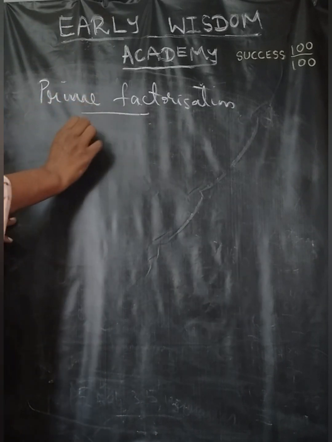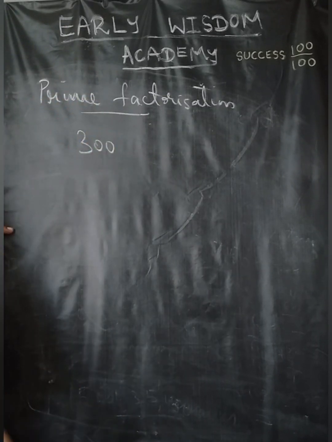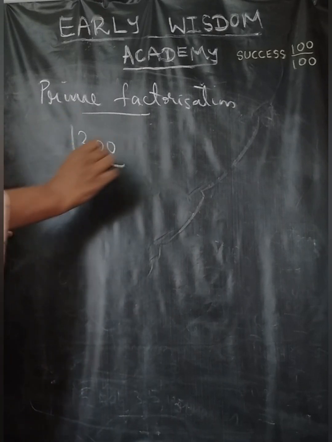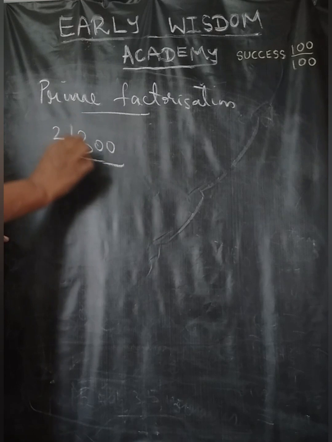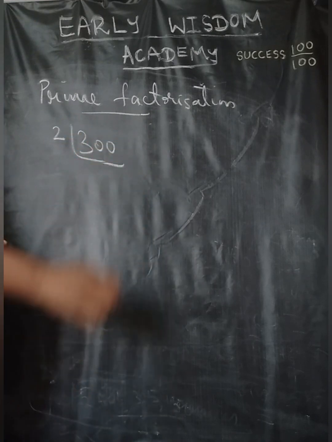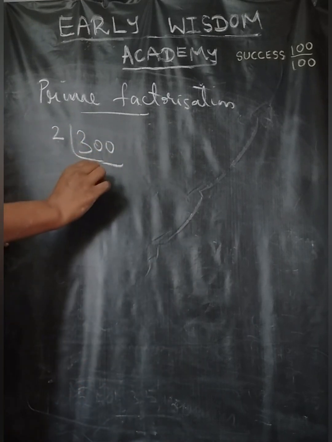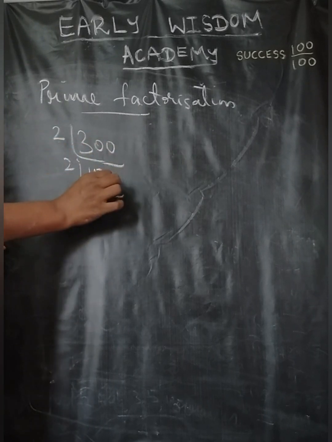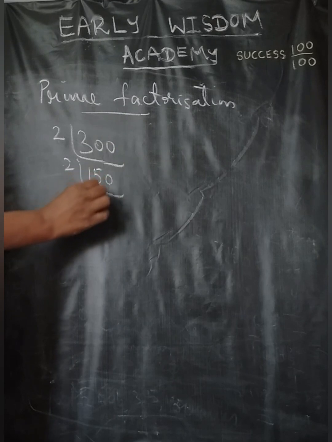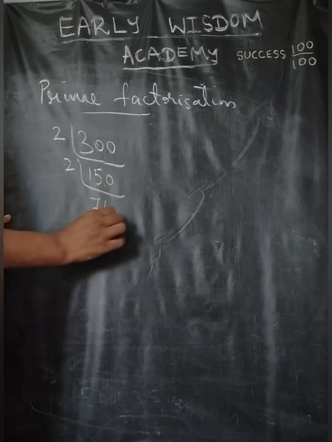Next, prime factorization. Let me consider the number 300. First let me consider the smallest prime number, that is 2. 300 is an even number as it ends in 0, so it is divisible by 2. 15 2s are 30, so I have a 0. Then 2 again, 150 is divisible by 2. 7 2s are 14, 5 2s are 10.